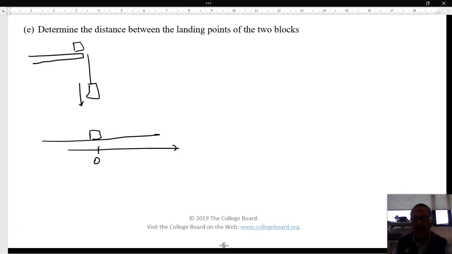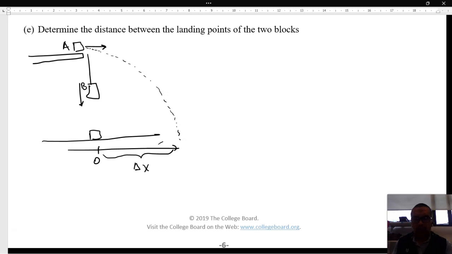On the other hand, block A is moving with a constant velocity, and it will move in a parabolic path. You want to find this distance, delta x.